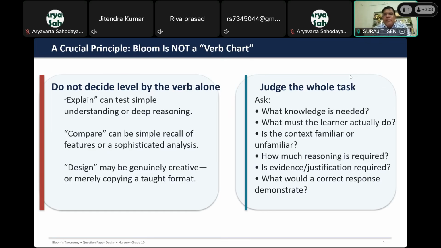So like this, we will be using it in a deeper way rather than just a verb chart. Instead of just saying explain this, or analyze this, or find out what this is, we can go about it in a better way. Okay, so this is the way that we will move forward.